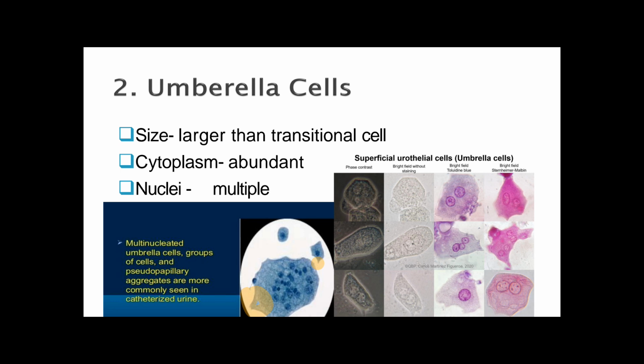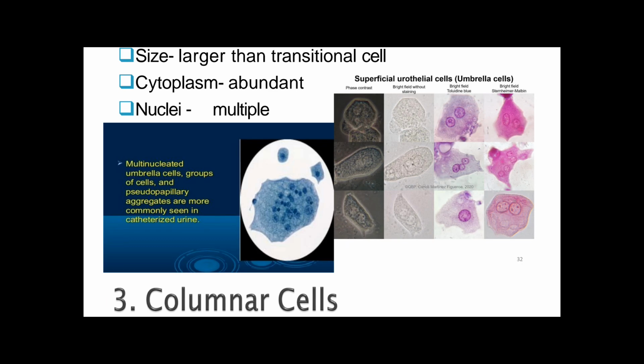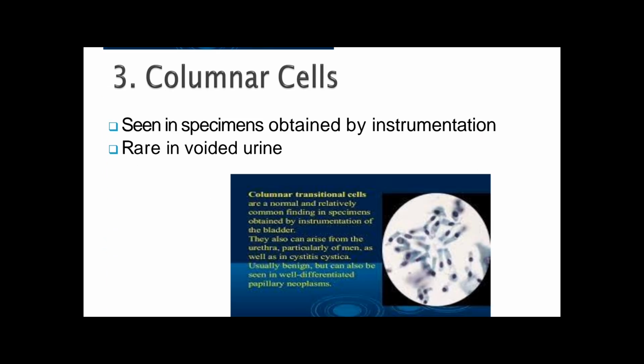So the other one, the bright field, other extras also you can see. So here next one is the columnar cells. These cells are rare in voided urine but seen in specimens obtained by instrumentation. Normally we cannot see columnar cells, but if you obtain by instrumentation, yes, you can see these cells.